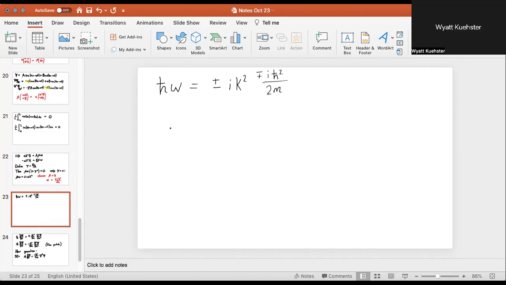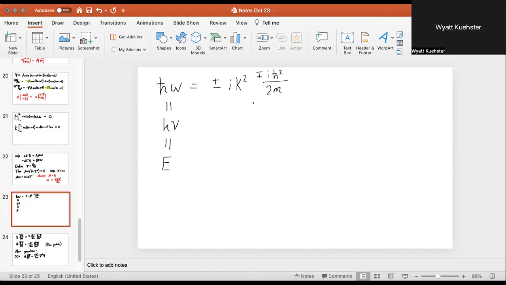Okay, and so then let's see, h bar omega is h nu, which is E, right? So this is h nu, which is E. And this is plus or minus i times minus or plus i, which is just 1.